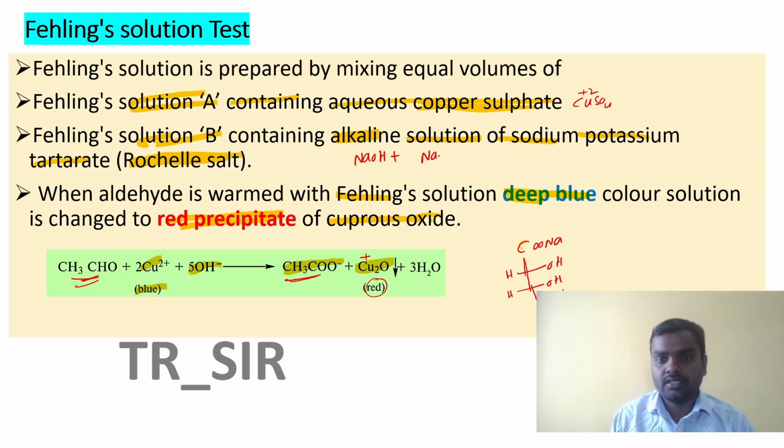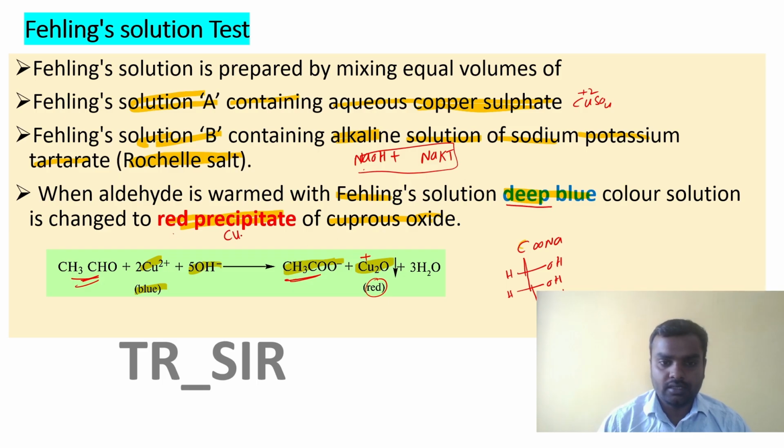So we can also keep it as a note, this one. That is also called Rochelle salt. Solution A, solution B will be there. Solution A, copper sulfate; solution B, NaOH plus sodium potassium tartrate. So when an aldehyde is warmed with Fehling's solution, the deep blue color will convert into a red precipitate.